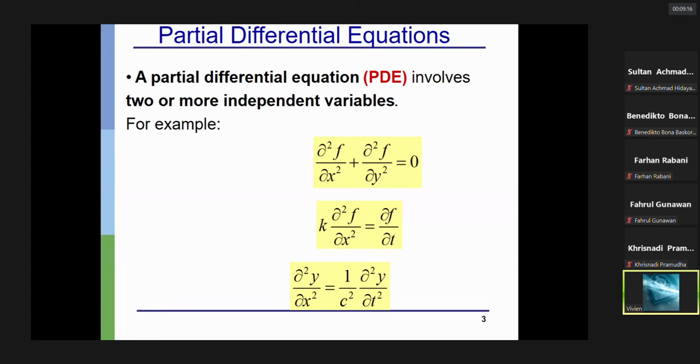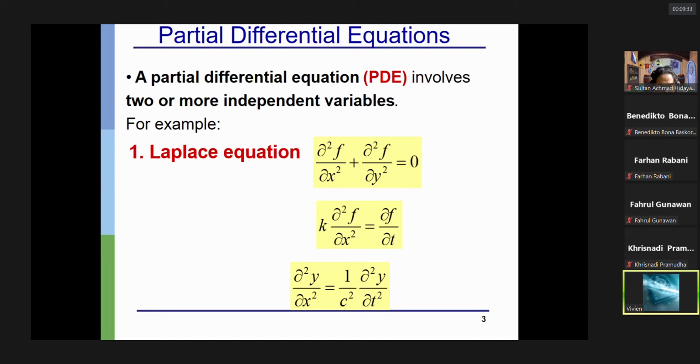So when we talk about partial differential equations, it means we have a differential equation with derivatives, involving two or more independent variables.